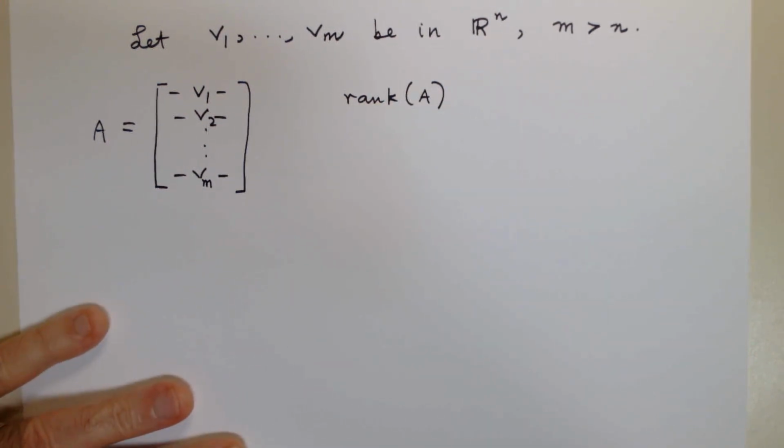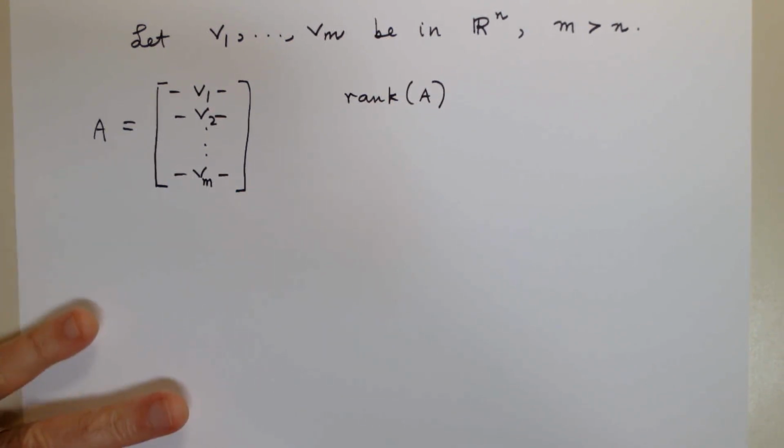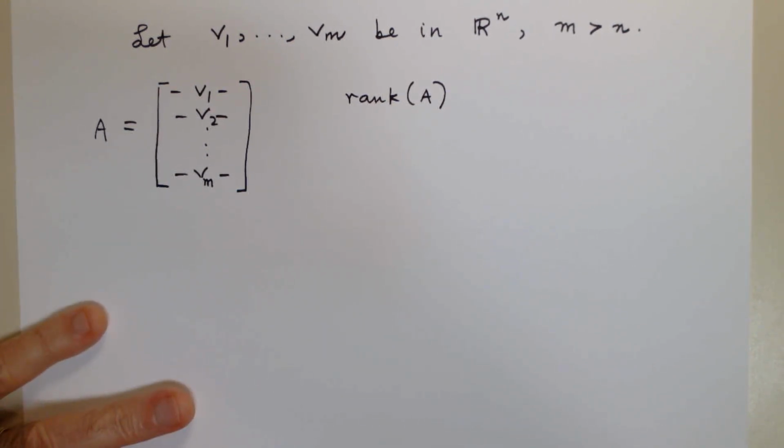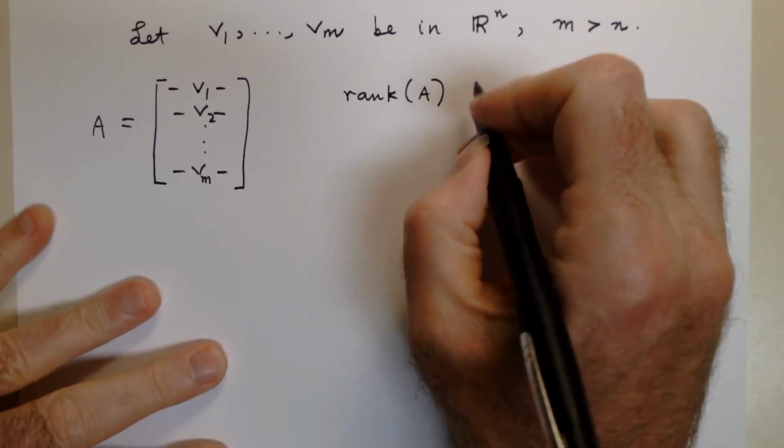Well, if we work this down into reduced row echelon form, the rank corresponds to the number of non-zero rows in that reduced row echelon form, right? But that also means it's the number of leading ones in the reduced row echelon form.